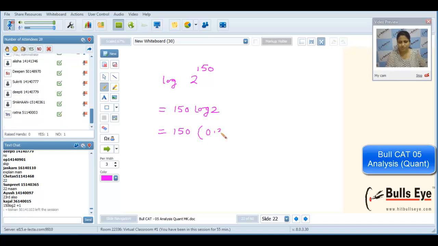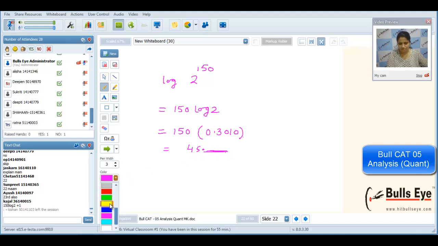This is 0.3010. If we calculate this, we will get 45 point something.